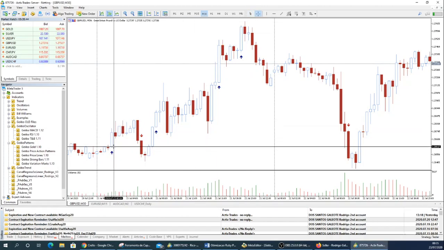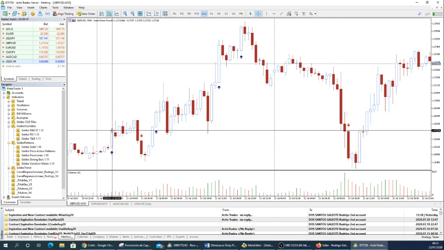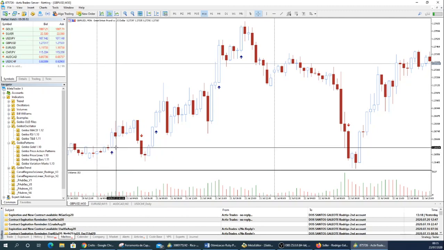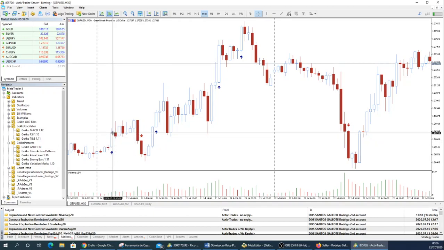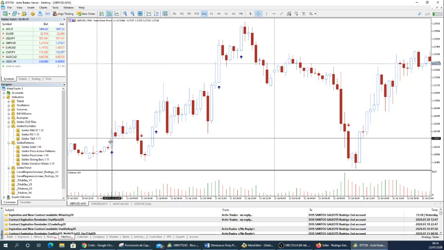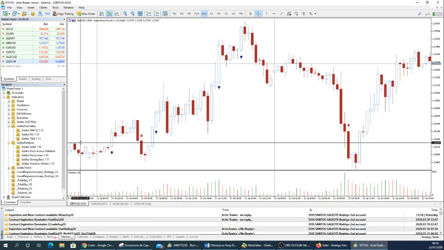A strong bar like this one here that we're looking at, beginning of the day, July 21st. This is a strong bar. How do we know that? Because the size of this bar is a lot higher than the average of the previous bars.